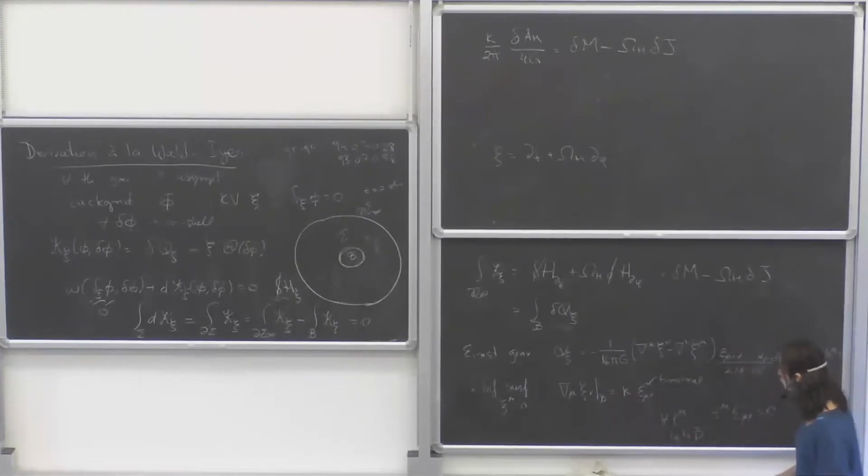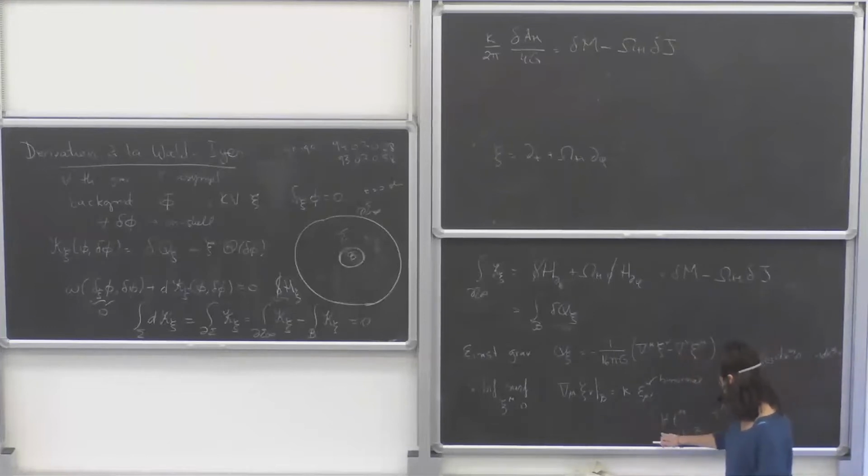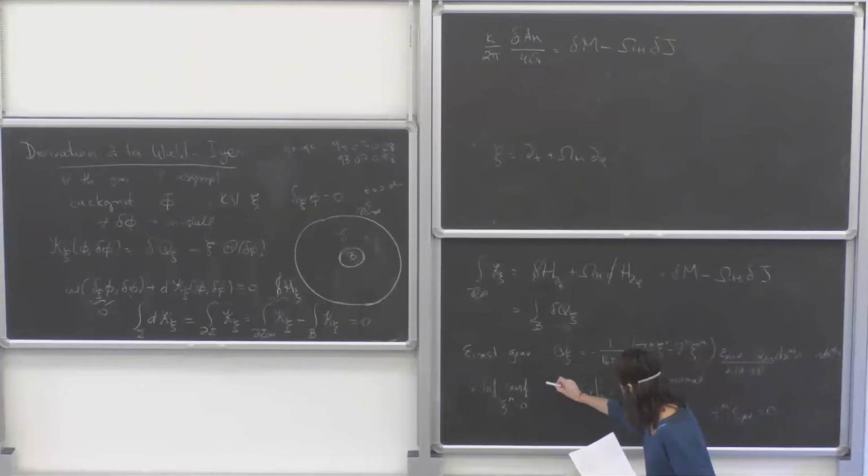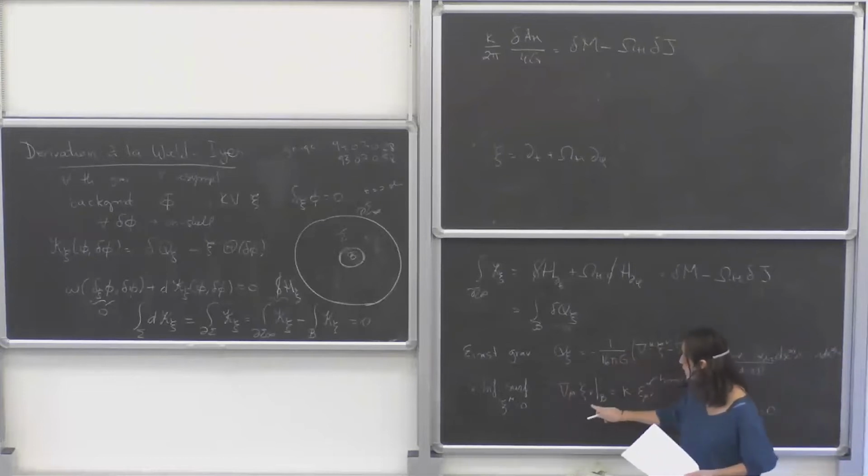Okay, very good. So now we want to show that this equation is true. So in order to show that, you just dot this quantity into t mu. If you dot it into t mu, you immediately get it.